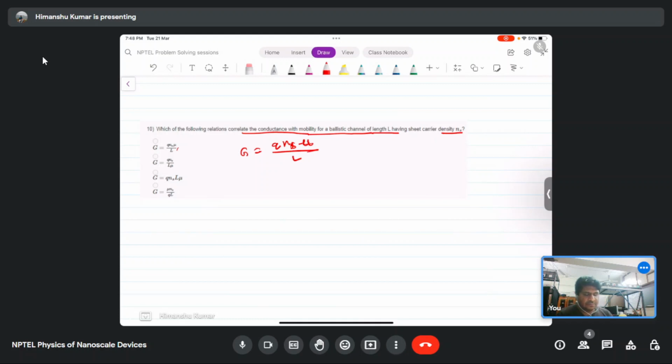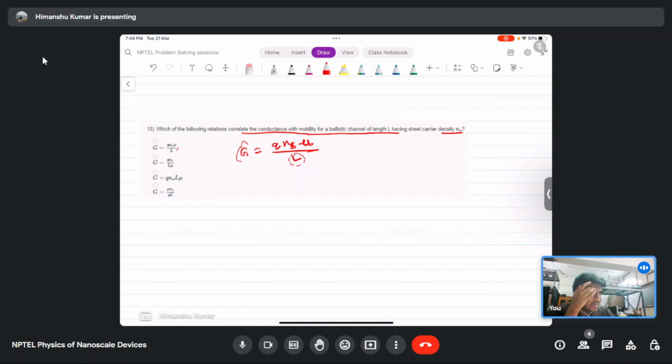In the case of the classical channel, the conductance or resistivity is independent of length.